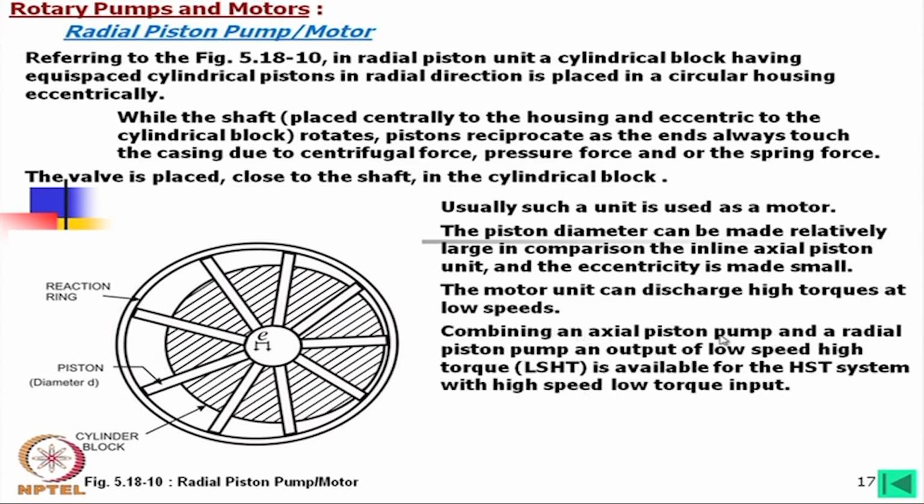Now, combining an axial piston pump and a radial piston pump, an output of low speed high torque is available for HST system. Now, this will be a radial piston motor, not pump. This word is not pump, it is motor.